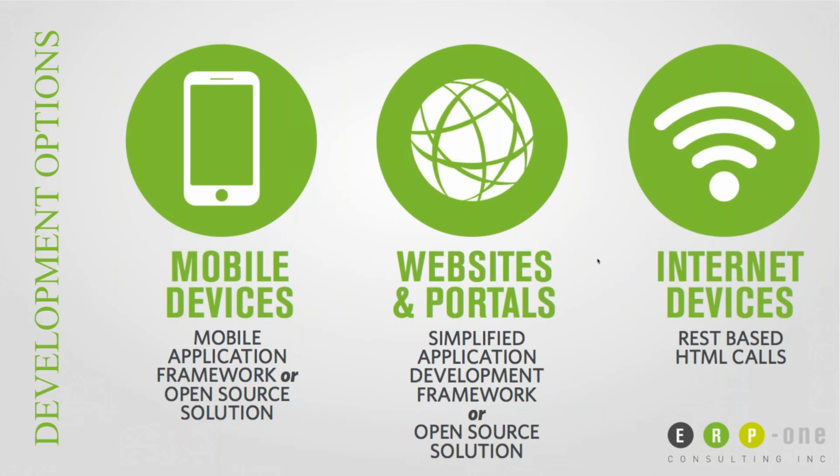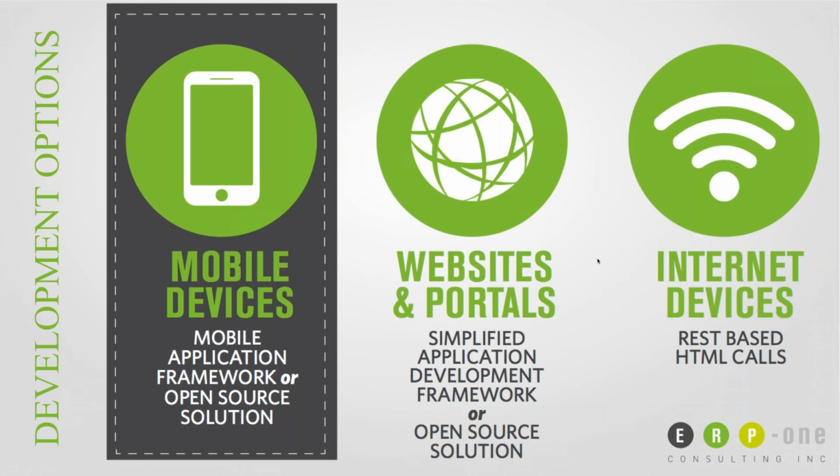at the beginning. Mobile devices, which we see all over the place today, websites and portals that are communicating from other more complex third-party systems, or maybe integrating JD Edwards into more complex pages that you have at your organization, and these new IoT internet devices that we see gaining some traction all around the world now.